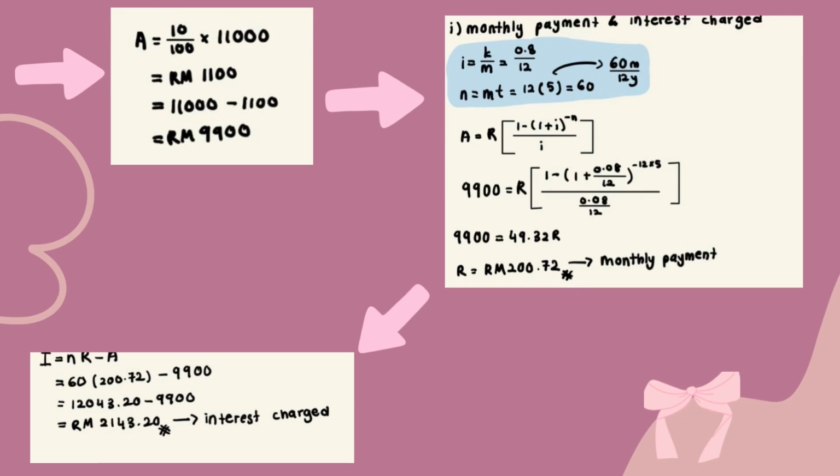Next is monthly payment and interest charge. I equals K divided by M equals 0.8 divided by 12. N equals MT equals 12 times 5 equals 60.